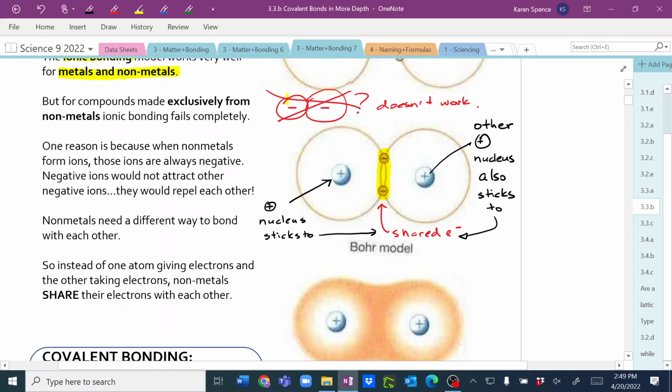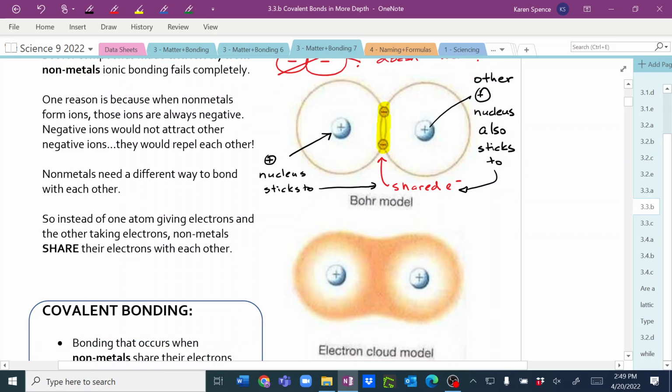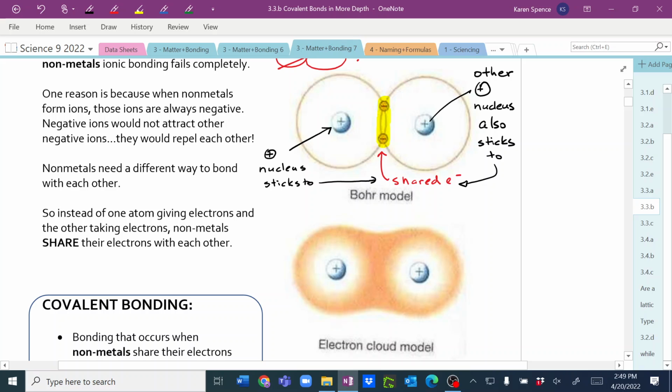If we were showing it with an electron cloud model, it would look more like that, where you just have a lot of electron density in this area here.